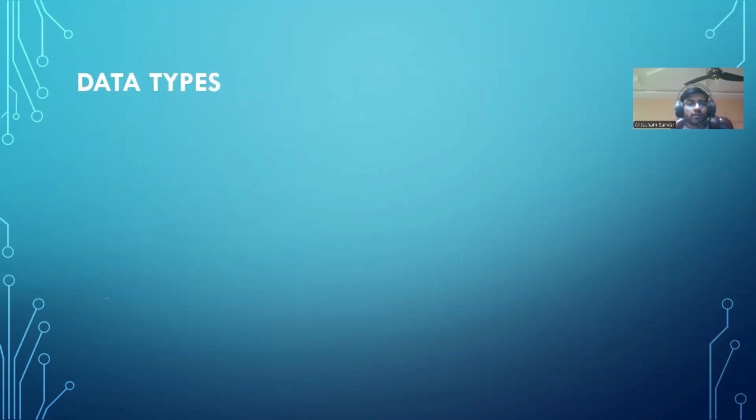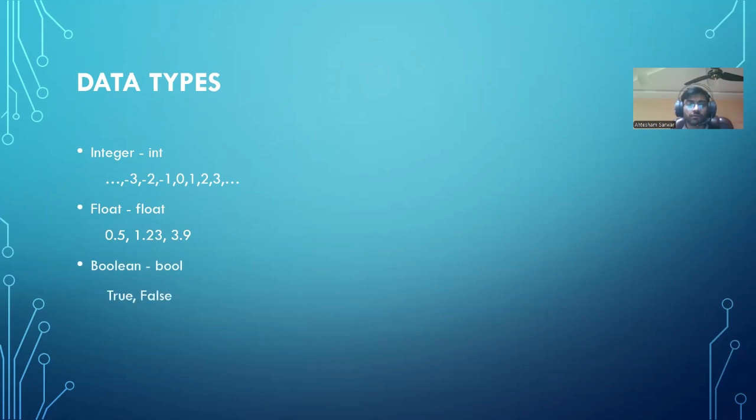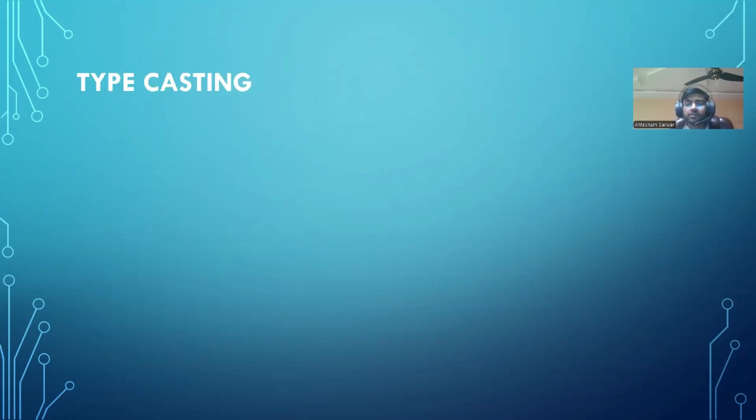Data types. There are different types of data. We have integers, which are positive or negative numbers, and floating point numbers, and then we have Boolean, true or false, and string, which is a sequence of characters. So we can store different types of data in our variables or constants. Let's move next. Typecasting. Think of typecasting as if you have oranges and you put them in a juicer and convert them into juice, liquid form.